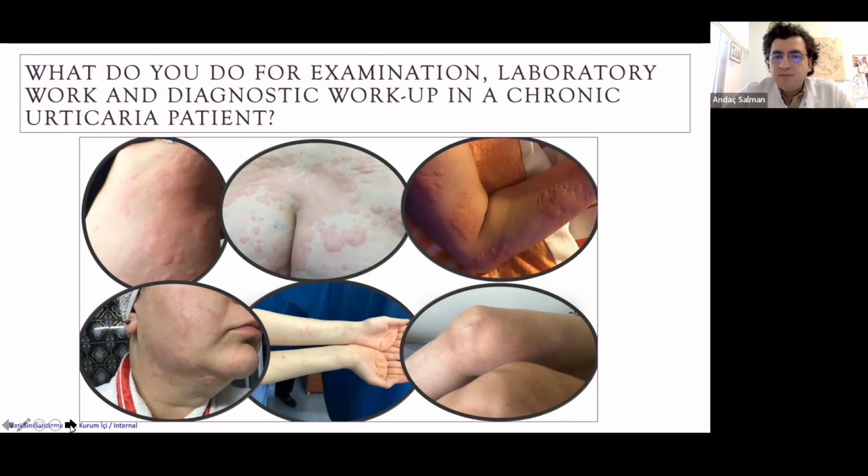One of the most important hallmarks of typical wheals is the time to resolution of the lesions. Individual lesions should resolve within 24 hours. On the other hand, angioedema lesions, which we are going to talk about later, are more deeply swollen, and sometimes they are skin-colored rather than erythematous, and it may also affect the mucous membranes.